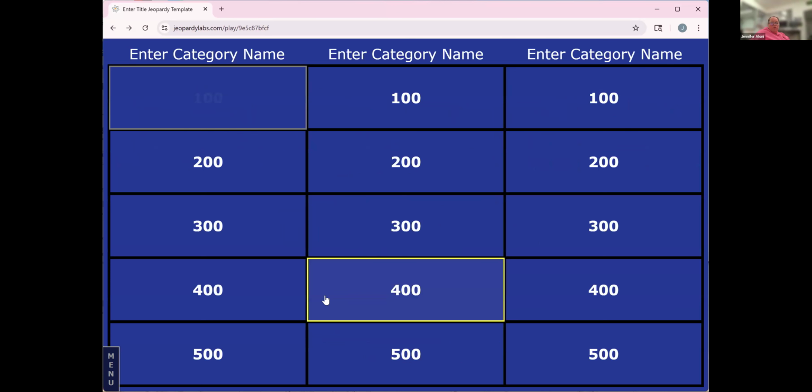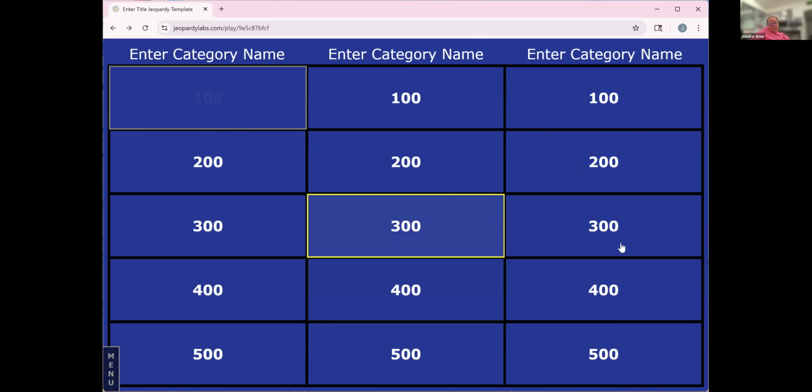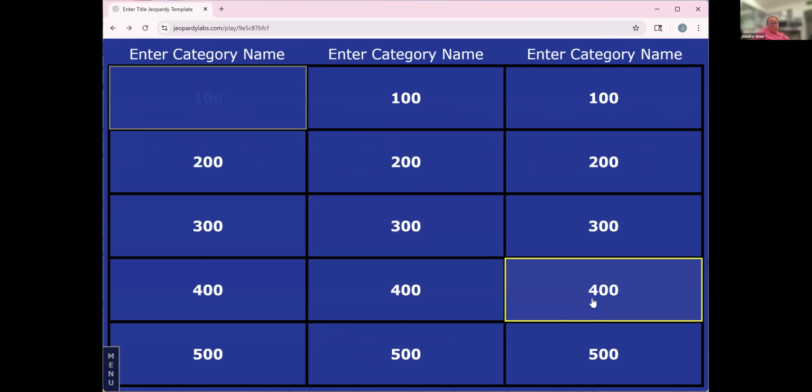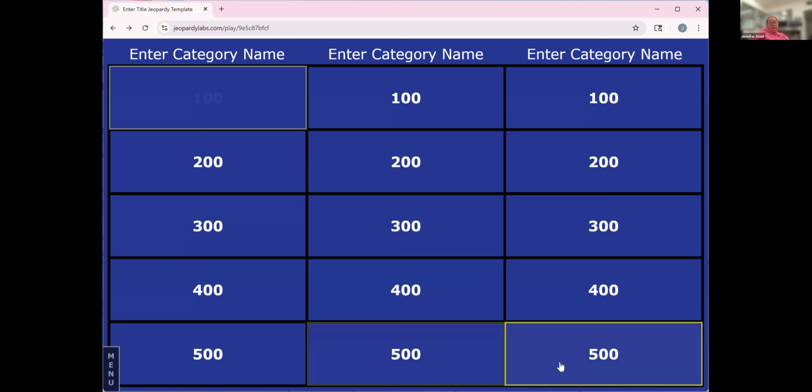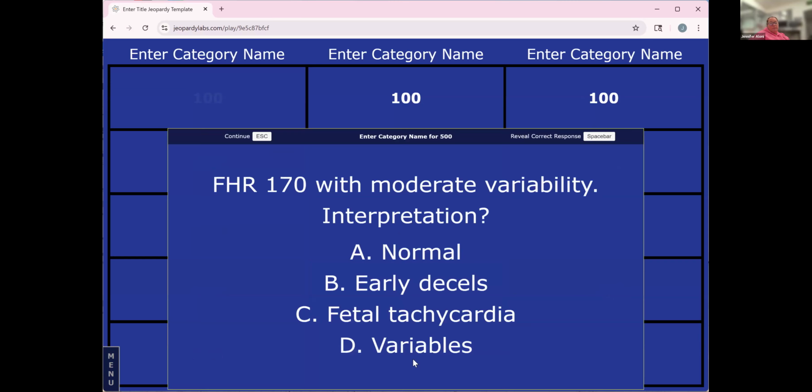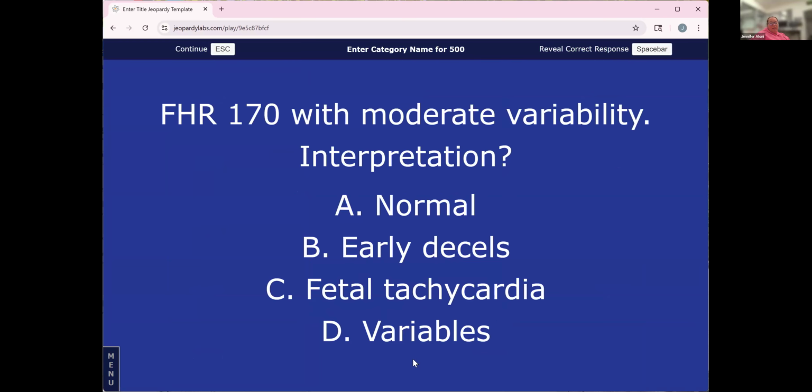All right, what are we up to next? Somebody pick. Any column, category. All right, we'll pick the middle. Fetal heart with moderate variability. What do we think about that? Is it normal? Is it early? Is it tachycardia?